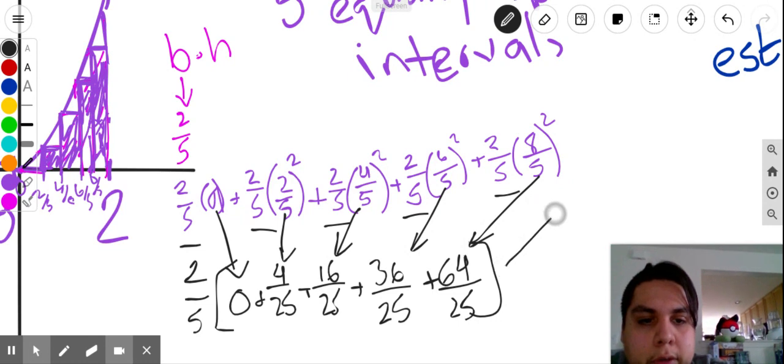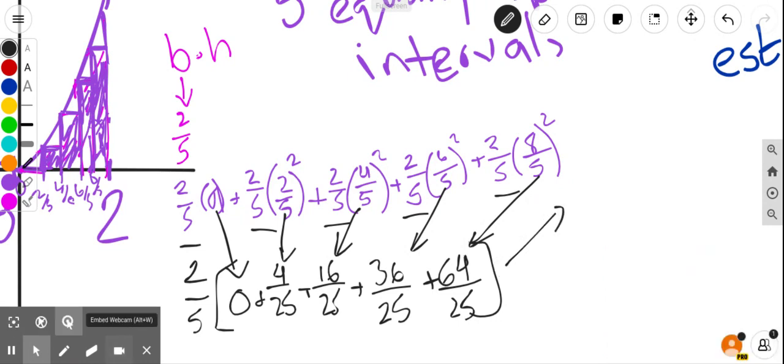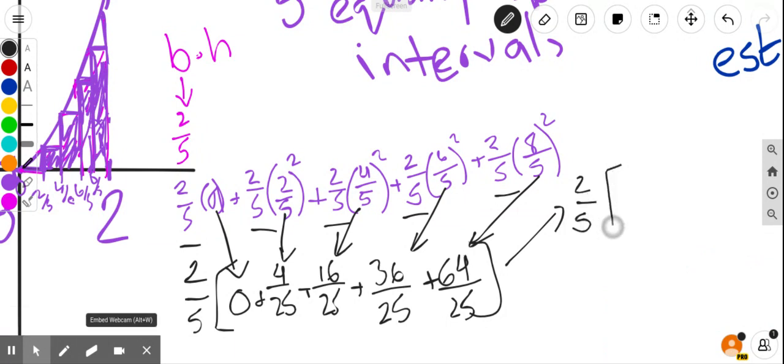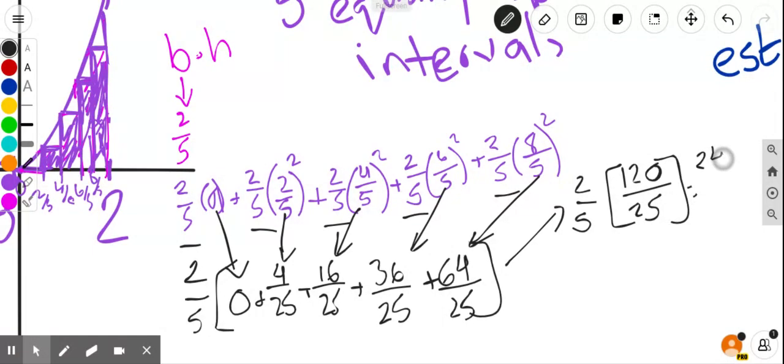And if I do so, I should get 2/5 times, let's see, 0 plus 4 plus 16 is 20, 36 plus 64 is 100. So it'd be 120 over 25, which should be 240 over 125, which all those numbers are divisible by 5.